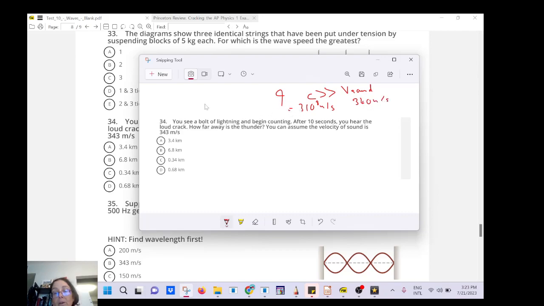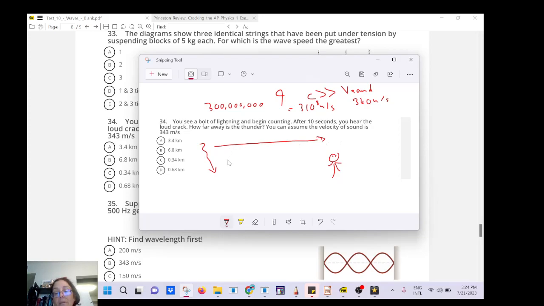So that means if there is lightning somewhere and you are standing there, the speed of light is so large that it's going to be almost instantaneous, right? So the light will reach your eye almost instantaneously. Okay, it's in no time.